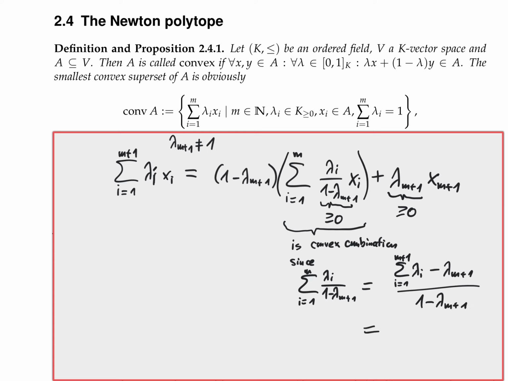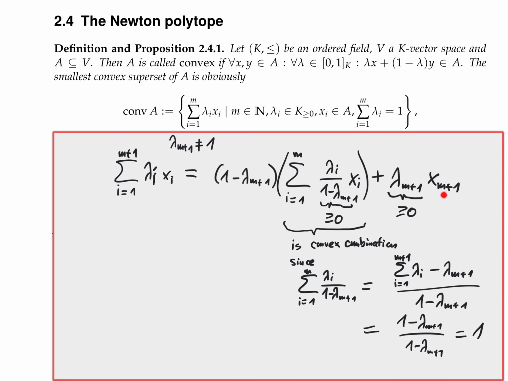And so, since this sum here is 1, I have here 1 minus lambda m plus 1 divided by 1 minus lambda m plus 1, which is 1, right? So this is a convex combination of m elements, and therefore by induction hypothesis it's already in the convex superset we are looking at.